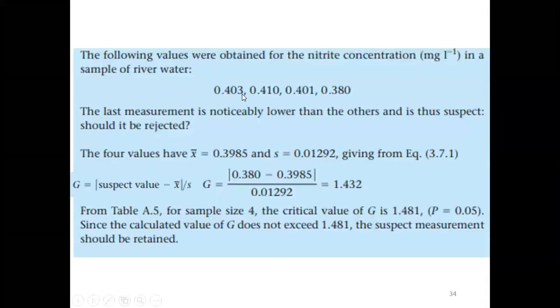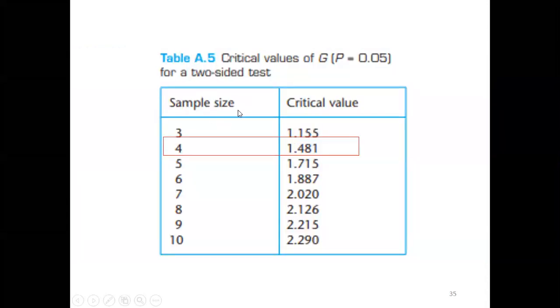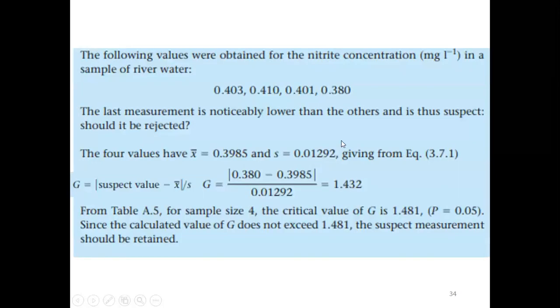There are 4 measurements, therefore the sample size is 4. So we have to find the critical value which corresponds to sample size 4. It is 1.481. Then compare that critical value with the calculated value.